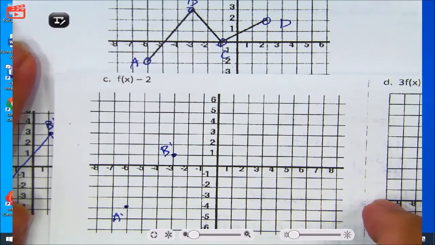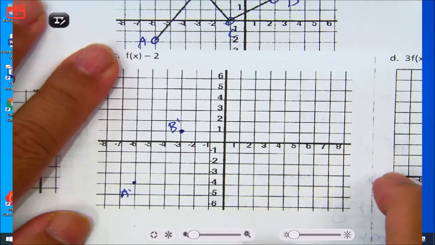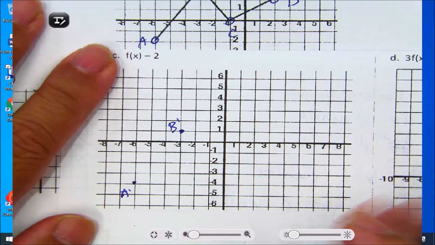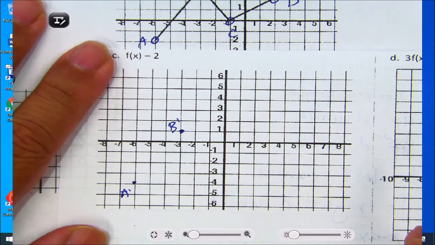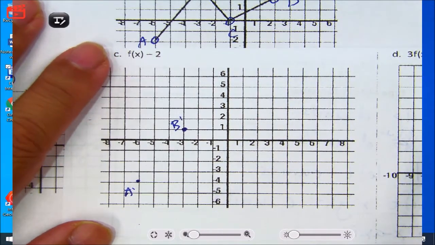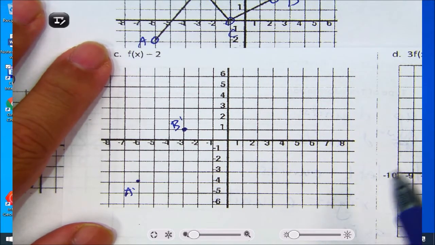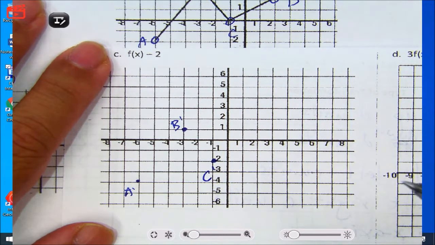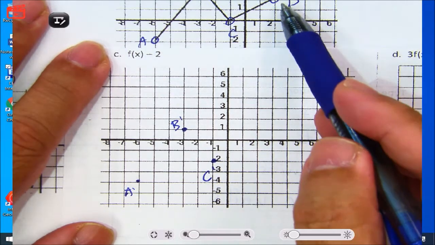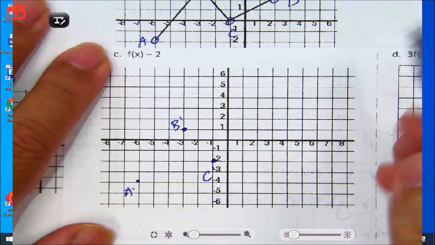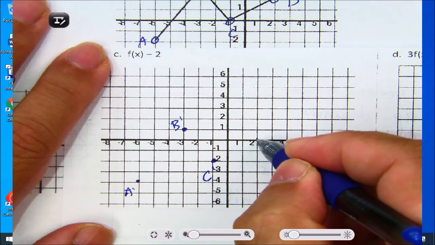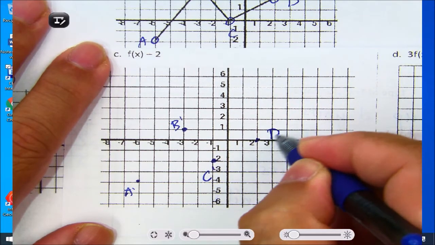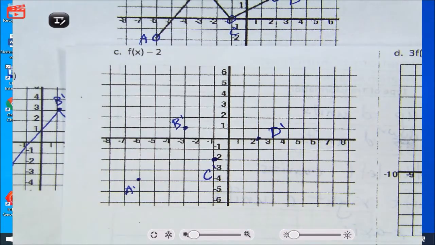Alright, ready for C. C has the coordinates negative 1, 0. So that becomes negative 1, negative 2. And finally, D is currently 2, 2. It becomes 2, 0. Now we connect.